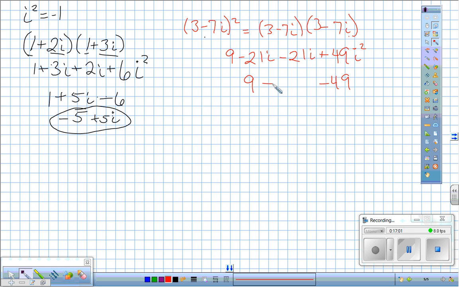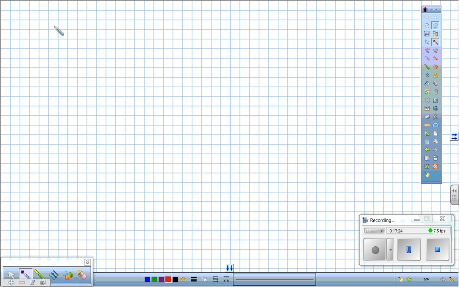So I have 9 minus 42i. Then I have 9 minus 49. And that will give me negative 40 minus 42i. Okay, again, this has a real part and an imaginary part, but I have to write the whole thing as my answer. Okay, and then let's do some figuring out what all my i exponents are.